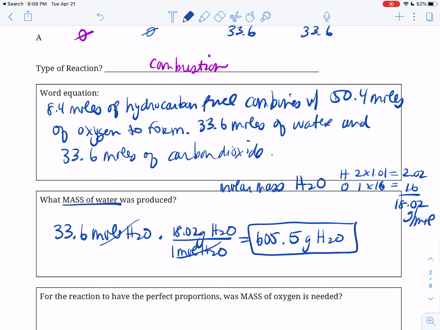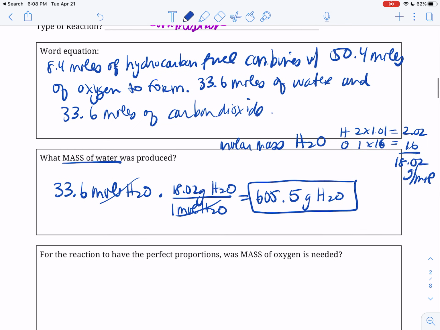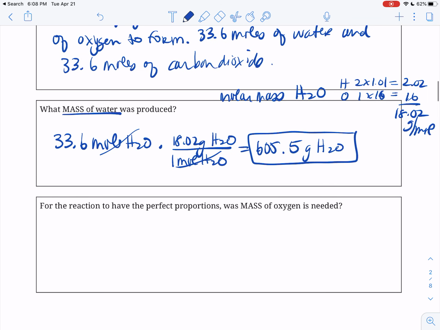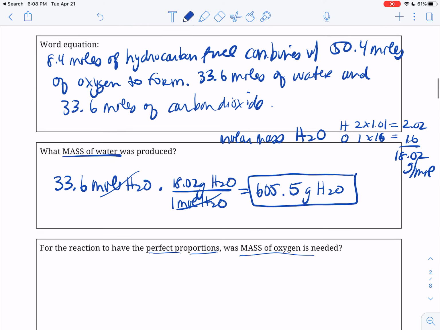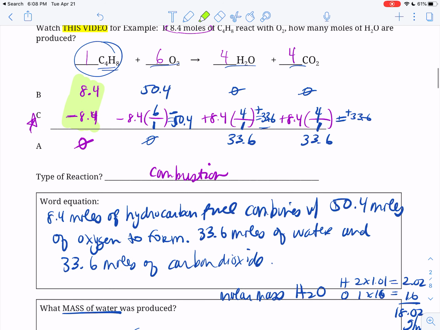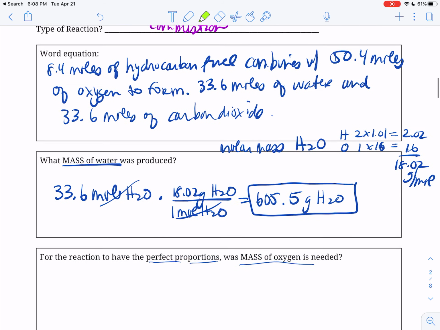Okay. All right. I can do this with any number of things. So for the reaction to have the perfect proportions, meaning I would run out of both of them at exactly the same time, which for now, that's what we'll be doing. What mass of oxygen is needed? Okay, so if I look back at my table, I can see that I needed 50.4 moles of oxygen.